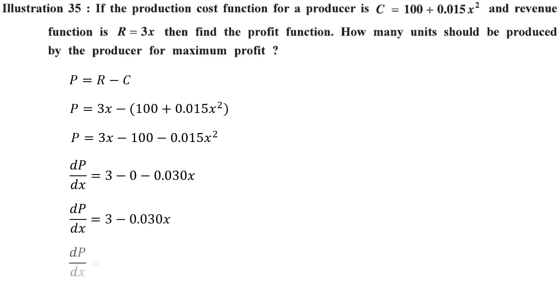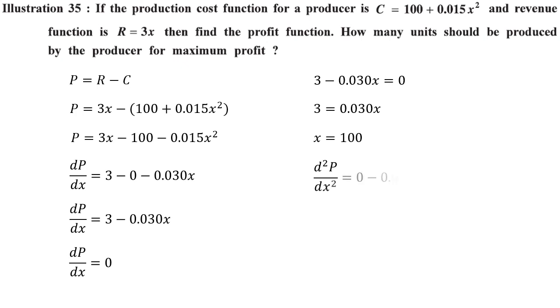Now dP upon dx is to be taken as 0. So 3 minus 0.030 x will be 0. Changing the side, 3 is equal to 0.030 x, and when I take 0.03 into the division of 3, x becomes 100. Okay, now I have to check whether this is okay or not. So the second derivative, 3 minus 0.030 x, will become 0 minus 0.030, which is negative 0.03, which is less than 0.